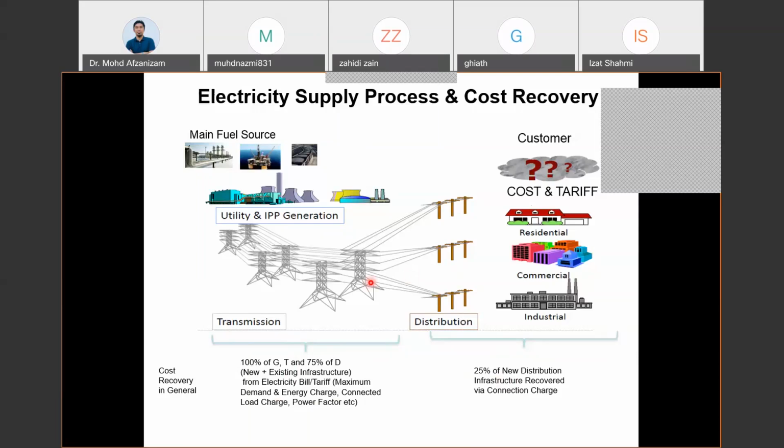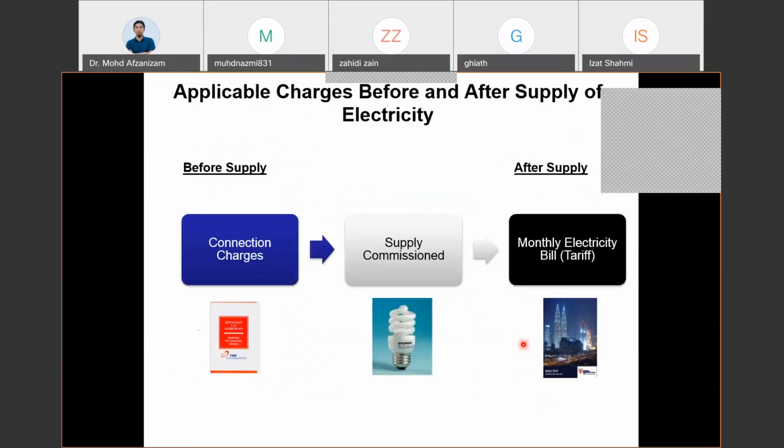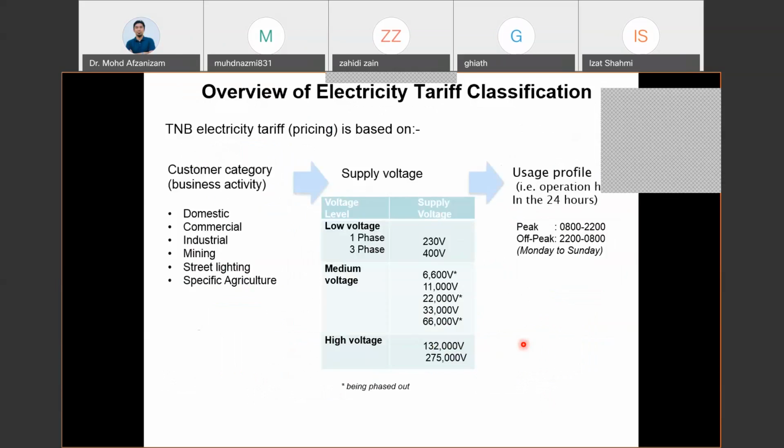The generation and transmission will cost relatively high compared to the distribution area, which is 35% only. Before supply, production charges and supply commissioning, then the monthly utility bill or tariff.